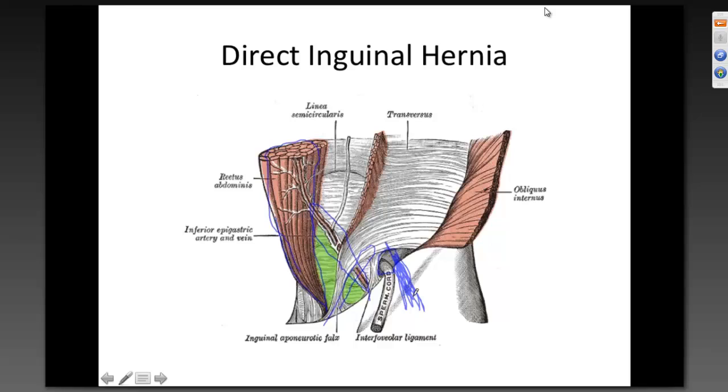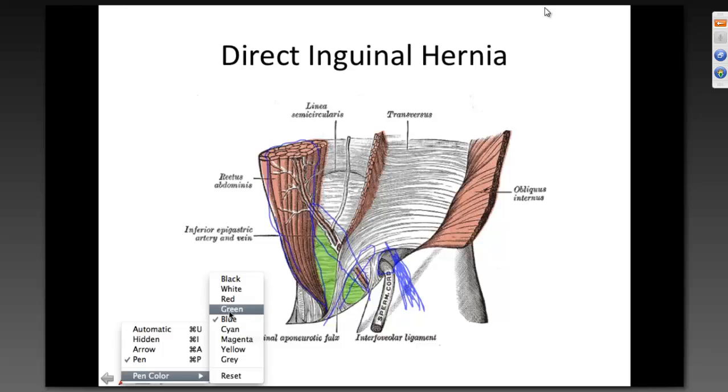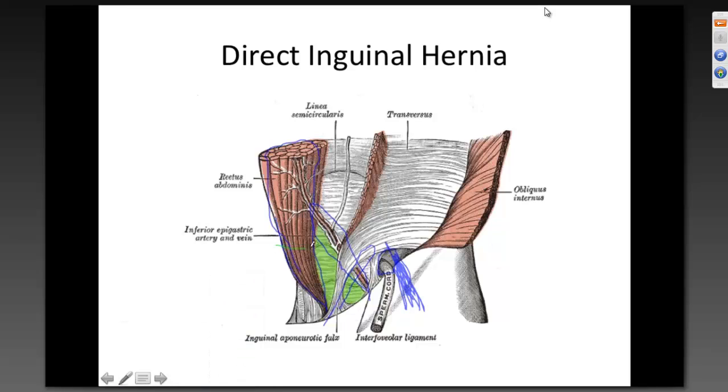It would start out medial to the triangle. And I'm going to have to switch colors. And then come out way over here. But it does not travel through the spermatic cord.